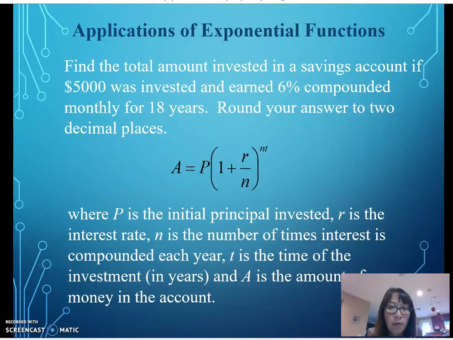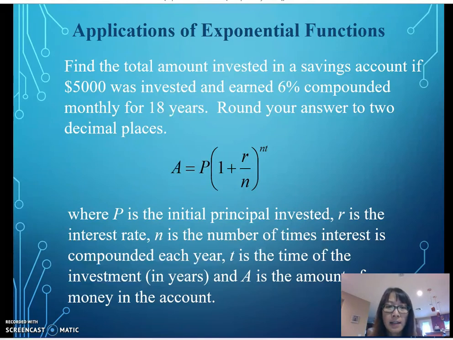So looking at that formula and then looking at the problem, can you go ahead and figure out what values are given? For example, what is P? What is R? What is N? And what is T? So P is 5,000. The rate 6% put in a decimal form will give us 0.06.